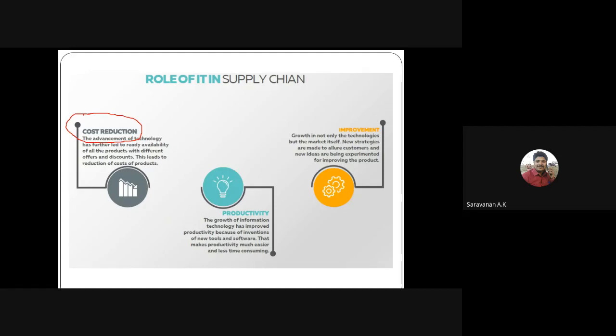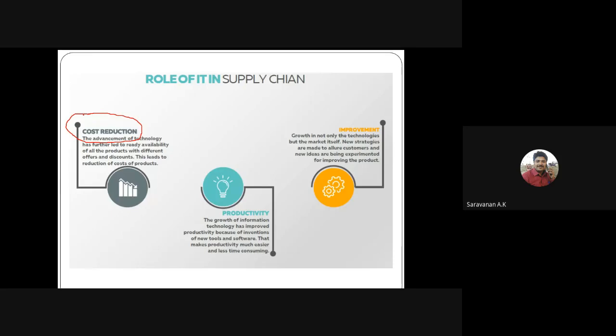The information technology is incorporated with all the supply chain network functionality: the stages, the functions, the warehouse management, the inventory management, the transportation management. All will be incorporated in supply chain coordination, and there we have to reduce the cost.